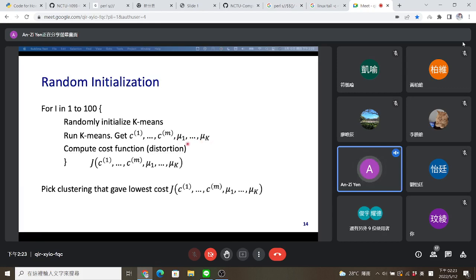So it means we have k cluster centroids and m clustering, and then we would compute the cost of the k-means.